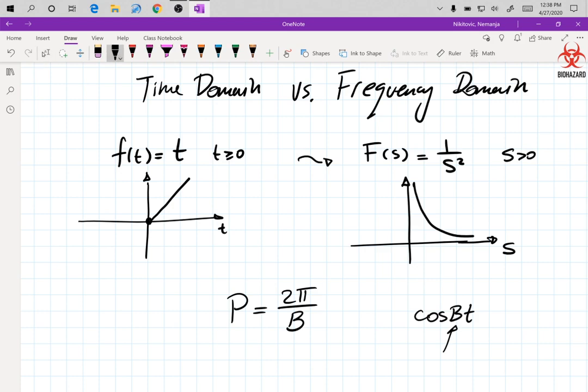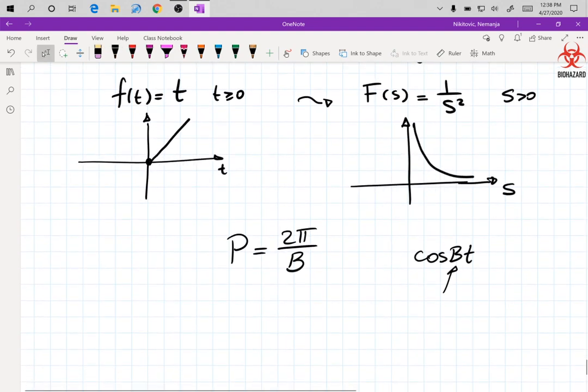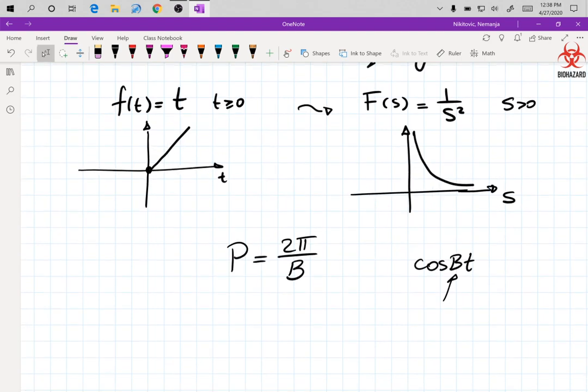That number there is related to the period, but technically it's a frequency. So they always have this inverse proportion, and you can kind of see that on this graph, where one shoots up and the other one shoots over.